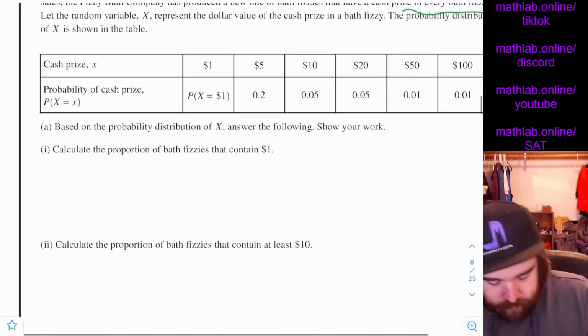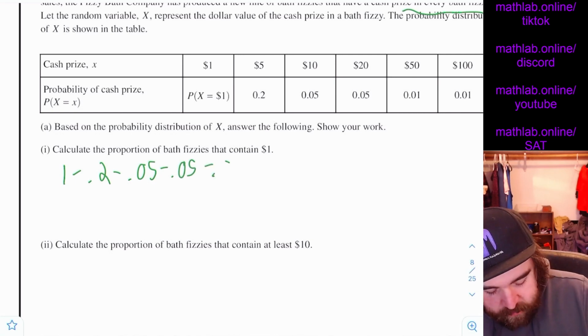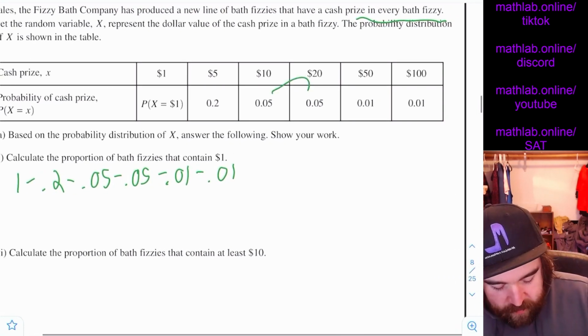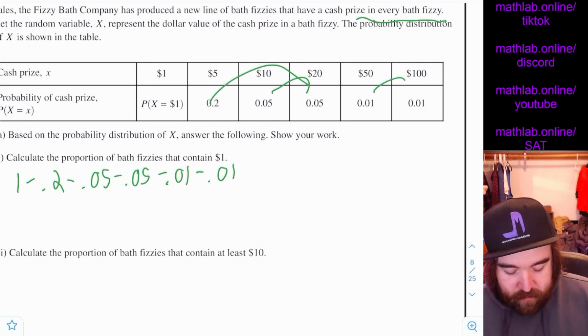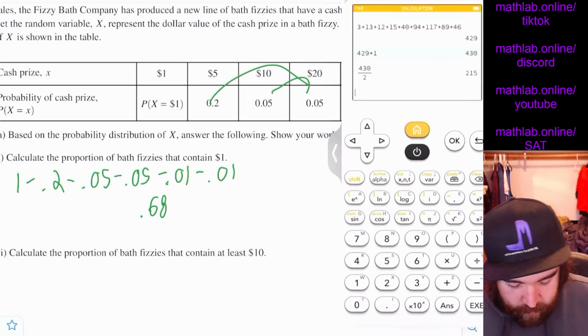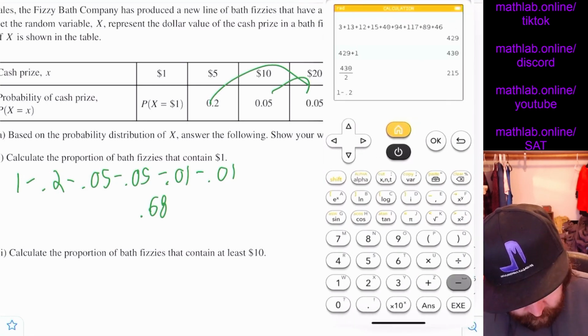So we just have to do 1 minus 0.2 minus 0.05 minus 0.05 minus 0.01 minus 0.01. So then that's 1 minus 0.32, so 0.68. I'm not feeling very confident, so I'm going to put that on the calculator.